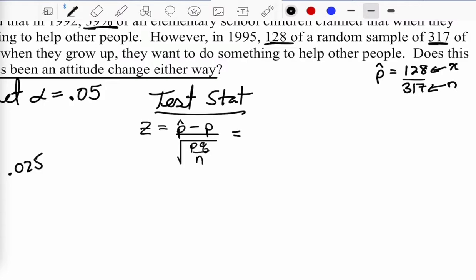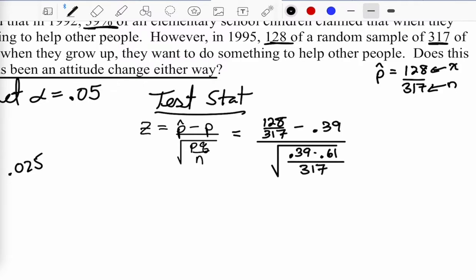So 128 over 317 minus 0.39 over the square root of 0.39, Q is 1 minus P, so times 0.61 over the sample size, which would be 317. So we'll crunch these numbers.